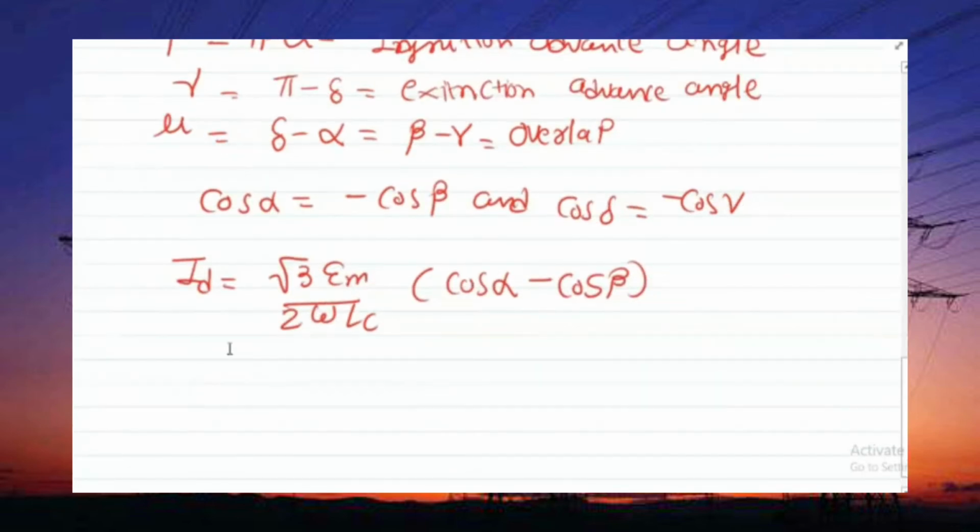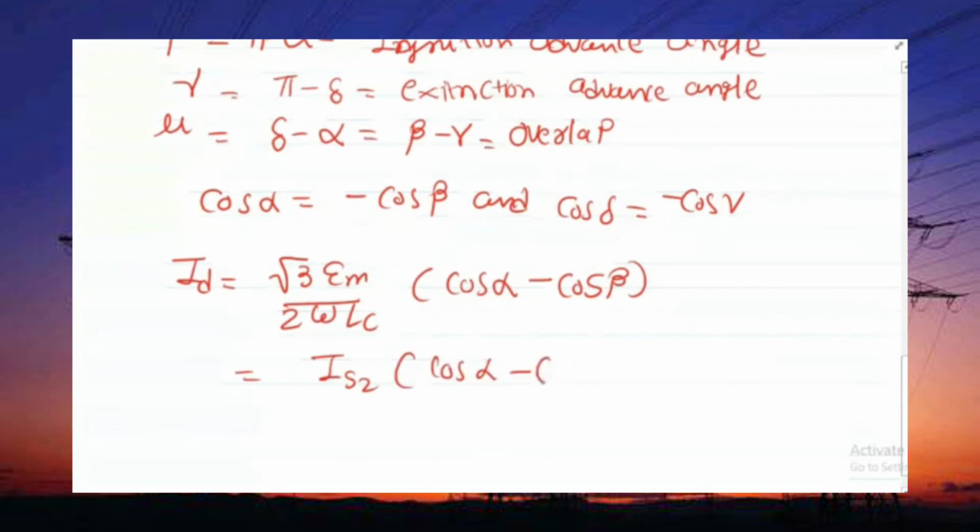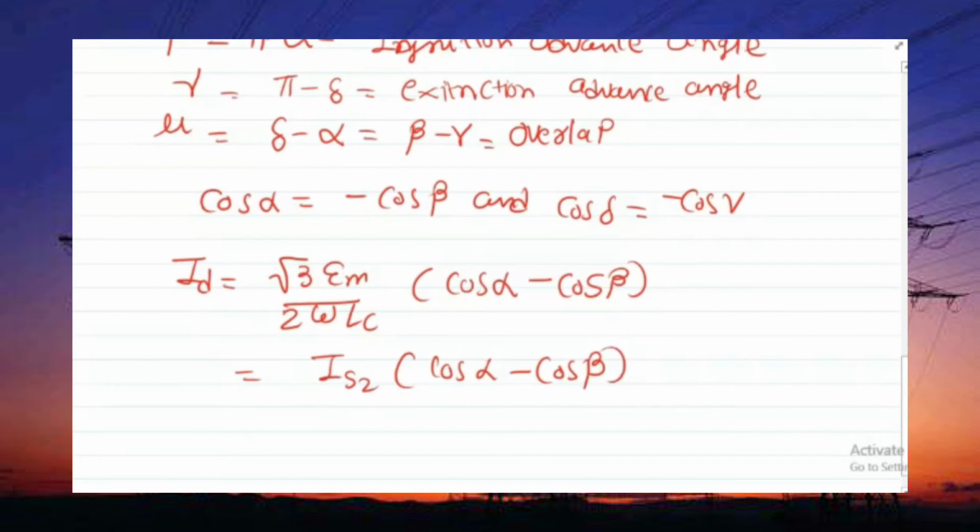So we can write, this term is called the IS2, right? So it is IS2 into cos alpha minus cos beta.